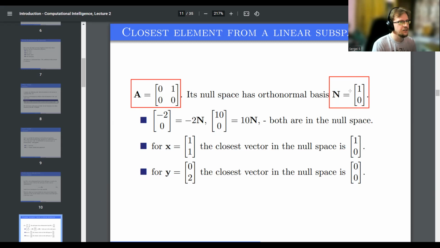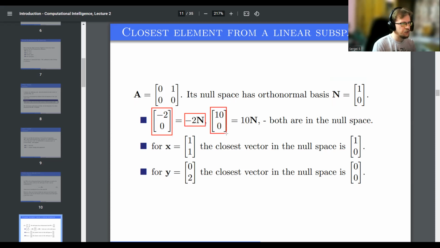Makes sense, right? You multiply A by N, 1 times 0, 0 times 1 gives you 0, 1 times 0, 0 times 0 gives you 0. Okay, good. Now let us see concrete examples. So for example, this guy, minus 2, 0, it is the same as minus 2 times N.